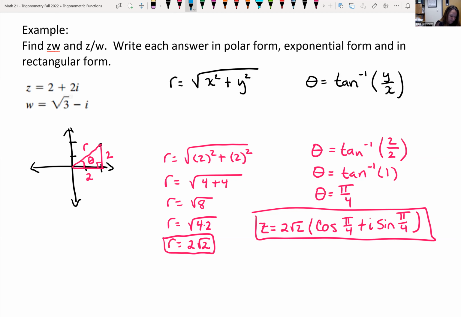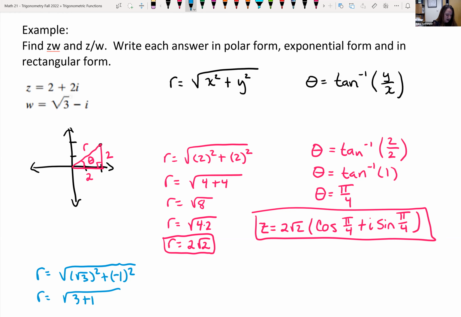For w, I can figure out what r is. r is equal to the square root of my real part, which is root 3 quantity squared, plus my imaginary part. My imaginary part there is -1, so -1 quantity squared. So r is equal to the square root of 3 squared is 3, -1 squared is 1.